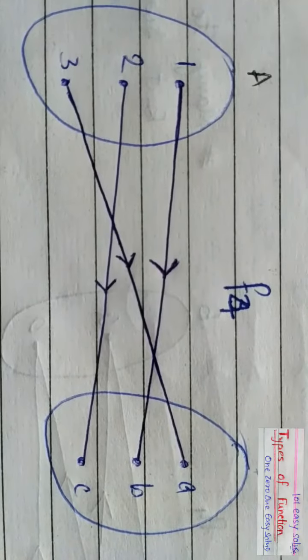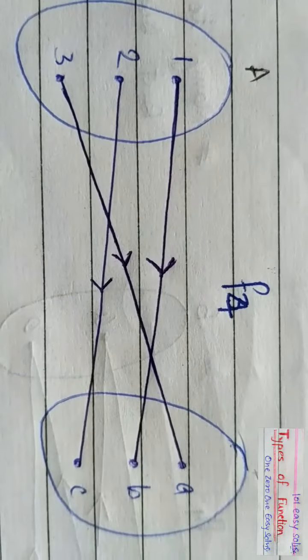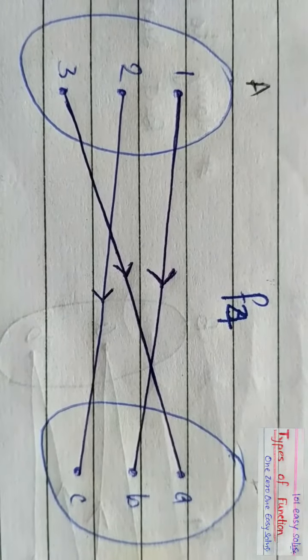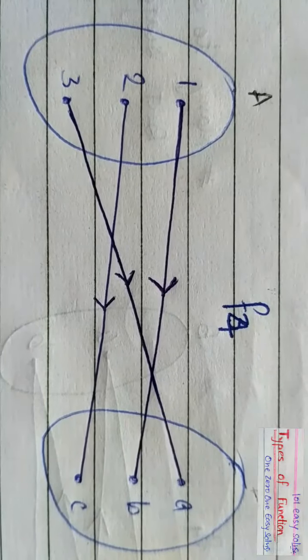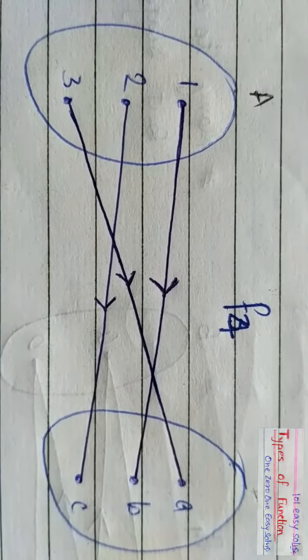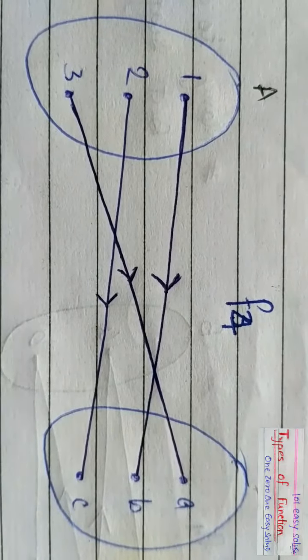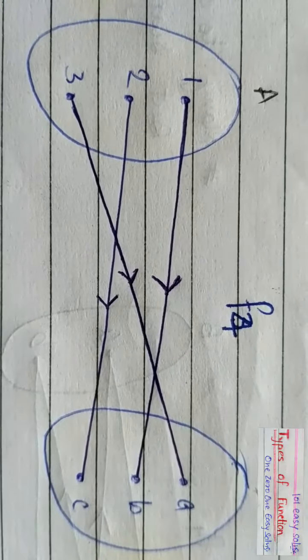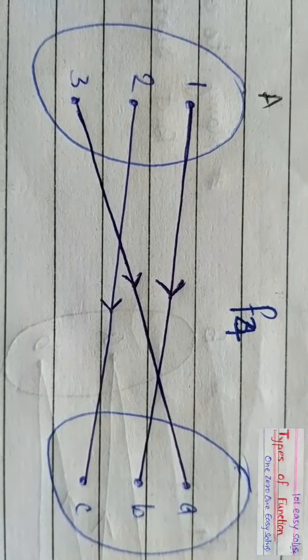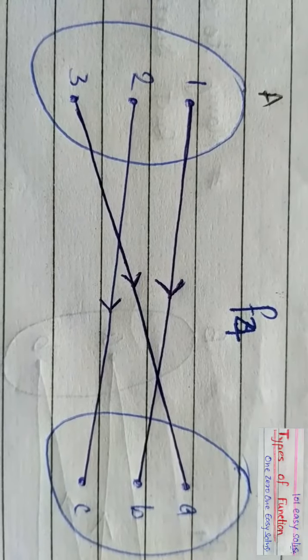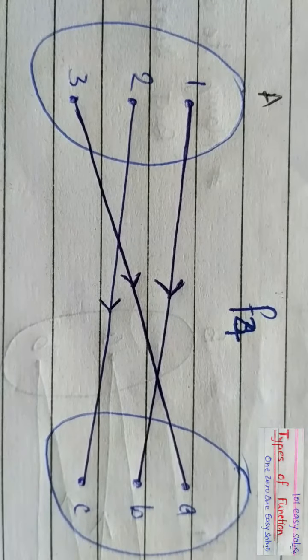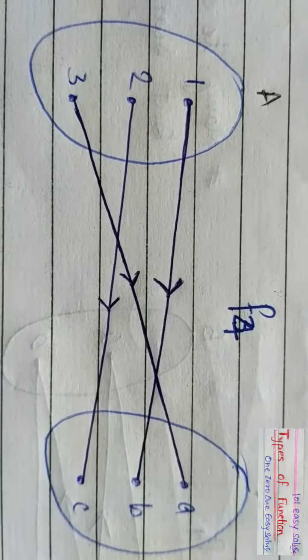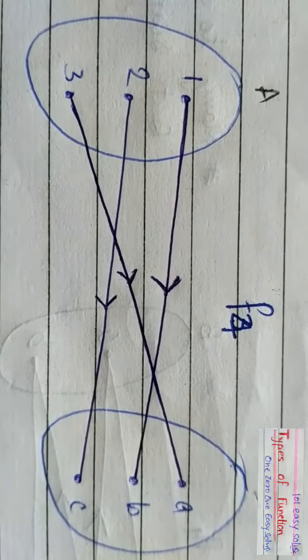Here again the image of A is in B only. The members of A are 1, 2, 3, and the members of B are A, B, and C. So image of 1 is B, image of 2 is C, and image of 3 is A. So all members of A have a unique and distinct image in B.